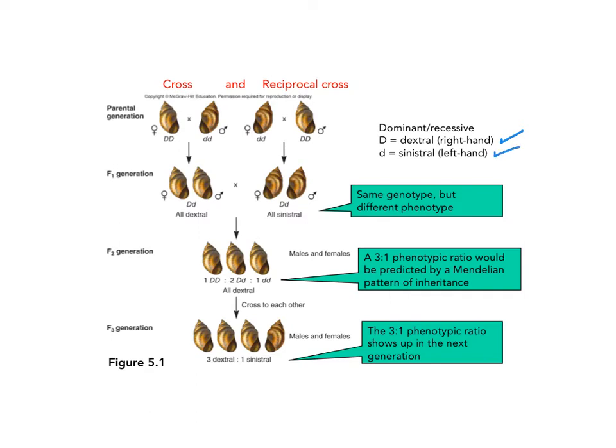So what I mean by this is if I take this shell and I put it in my right hand, the aperture, or the opening right here, is actually going to be on the side of my thumb. So it's right-handed. If I take this shell and put it in my same right hand, that aperture, or opening, is on the left side, or towards my pinky.